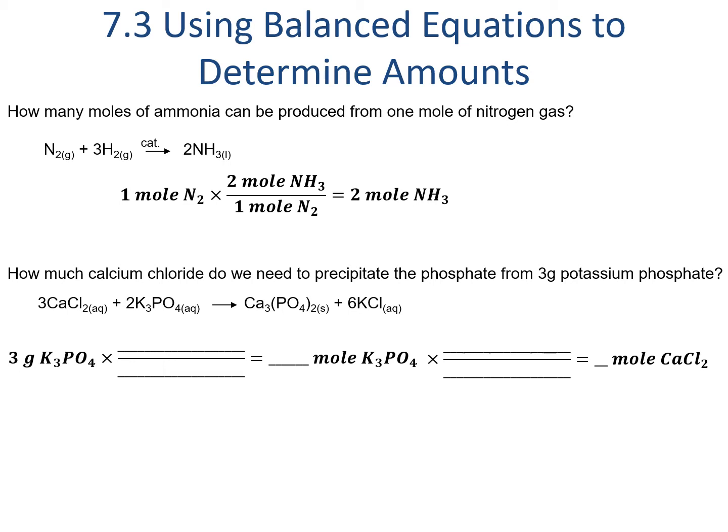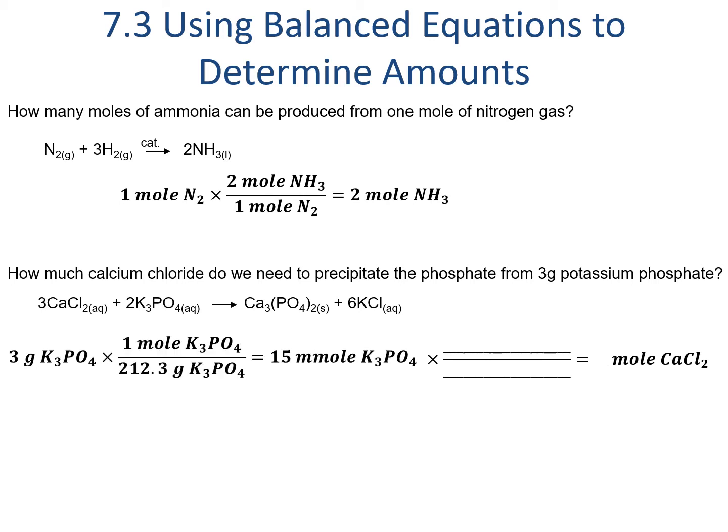So first, what do we need on the top and the bottom of the conversion, grams to moles for potassium phosphate? Moles over grams is the inverse of molar mass or molecular weight, so we'll have to figure that out. For a review, see if you can figure out the molecular weight of potassium phosphate to 1 decimal place precision.